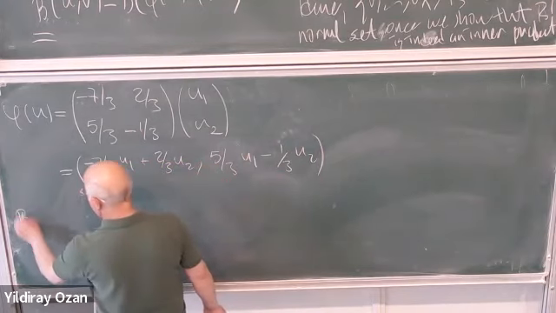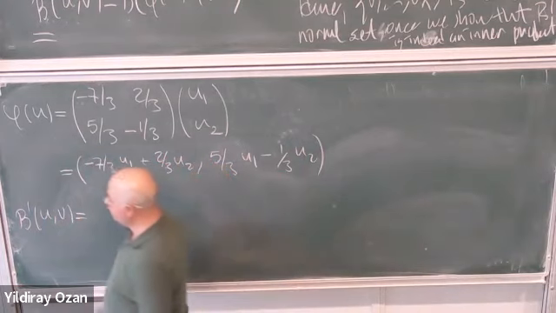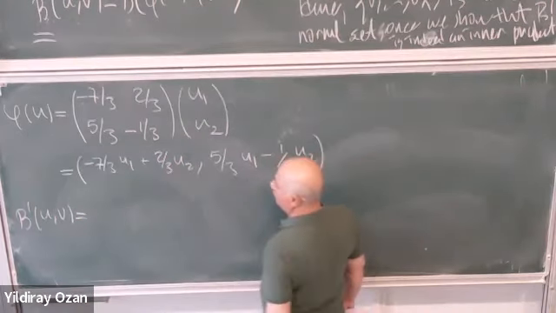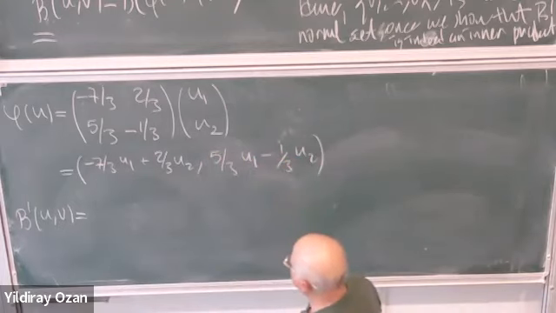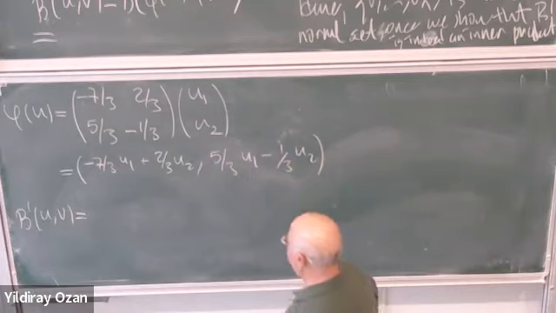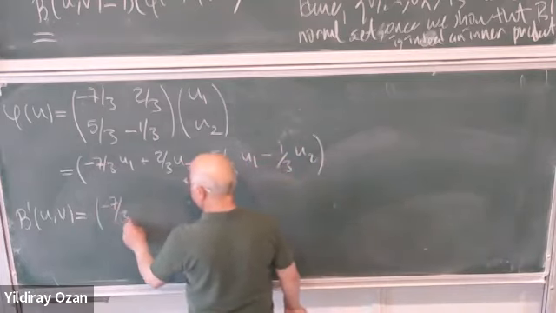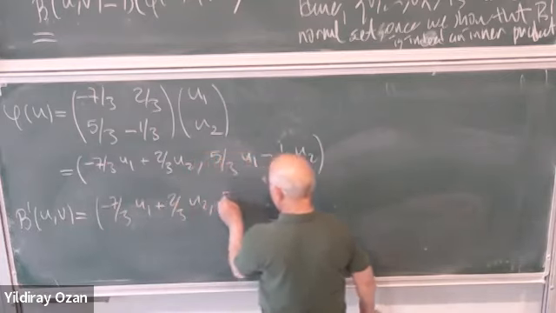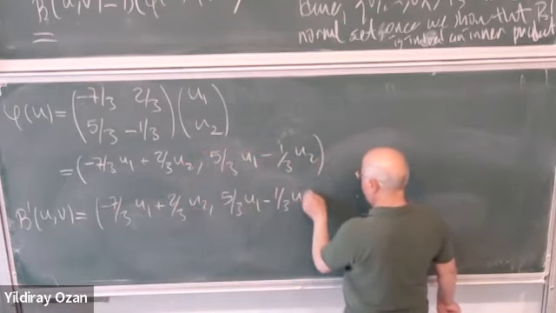So what is the inner product of U and V then? It is just the inner product of this vector with phi of V. All right, so this vector is just minus 7 over 3 U1 plus 2 over 3 U2, 5 over 3 U1 minus 1 over 3 U2.